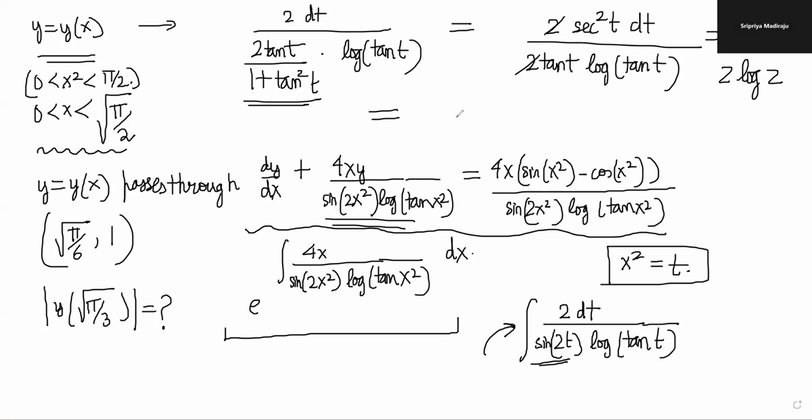And then again you have to, okay. This is the thing: log of z is the answer. Log of log of z, where z is tan t, and t is x square.